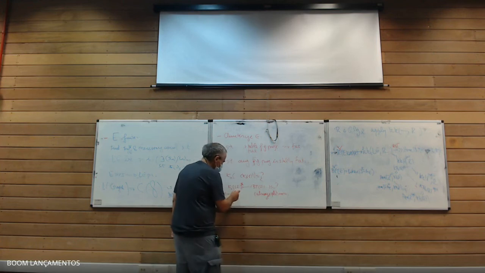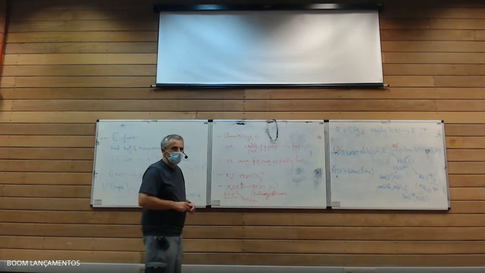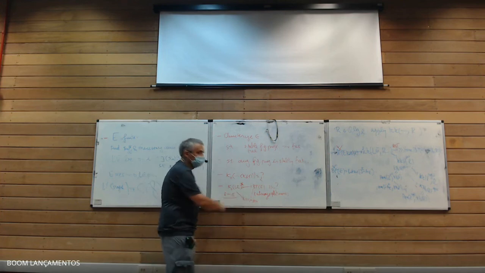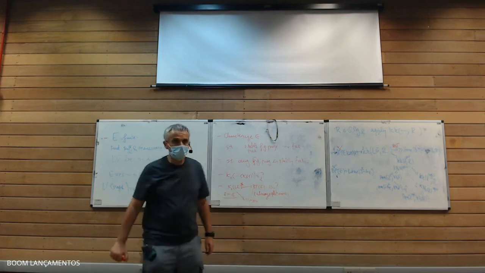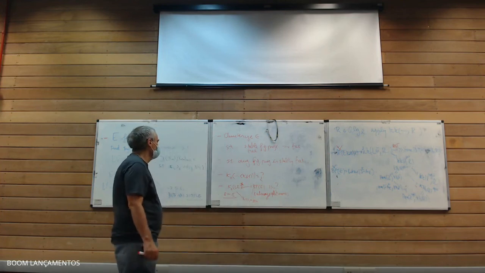Why? Because you can map this to K0 of LE, and this is BFE, and you can check that this is the identity map. So the point is whether this is onto, or there are more.